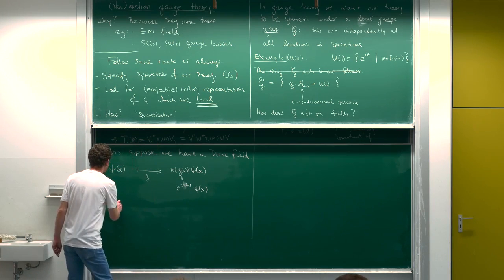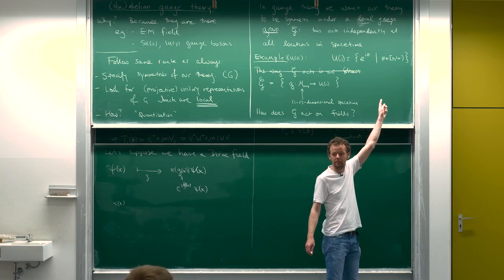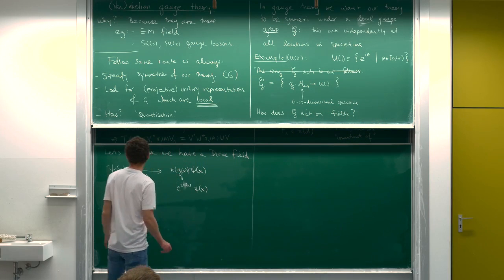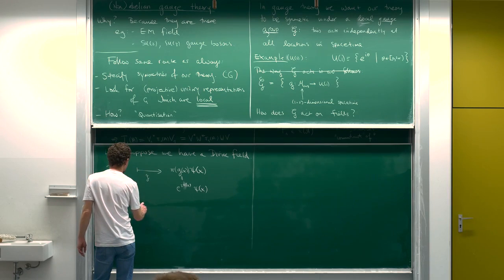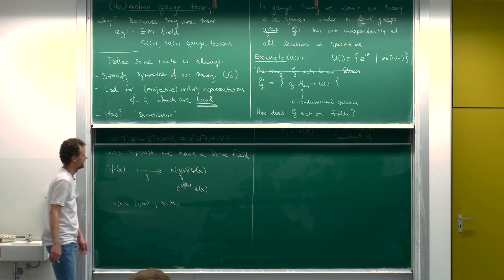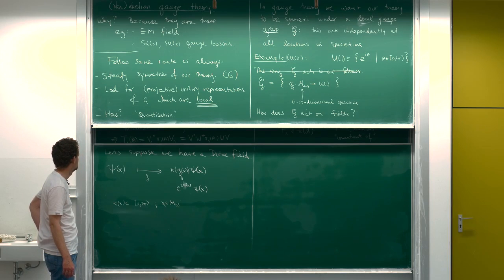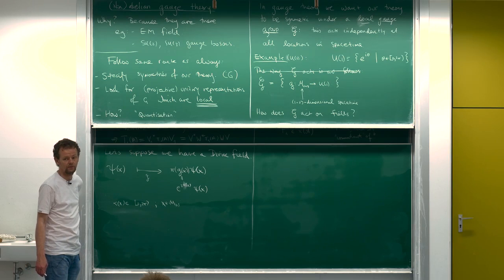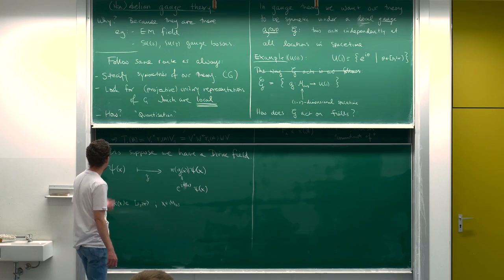So what's alpha x? Well, alpha x has got to be a number in the unit circle, 0 to 2 pi, everywhere in space-time. That's how we're going to take this local gauge group to act. So you take the field at space-time location x, and the group acts by just multiplying by this complex phase. Super simple, yeah?